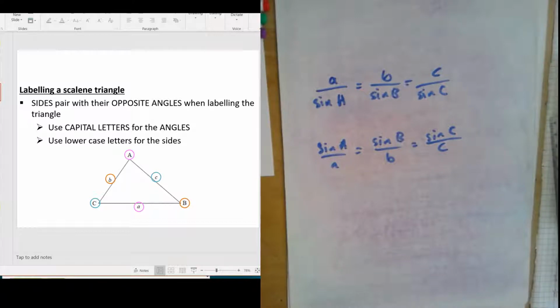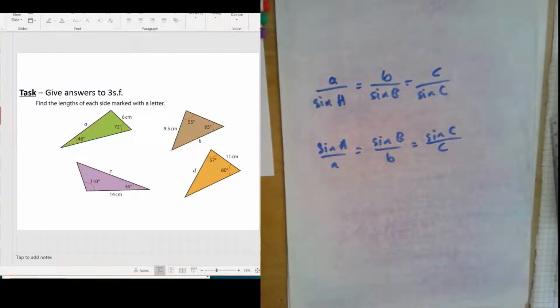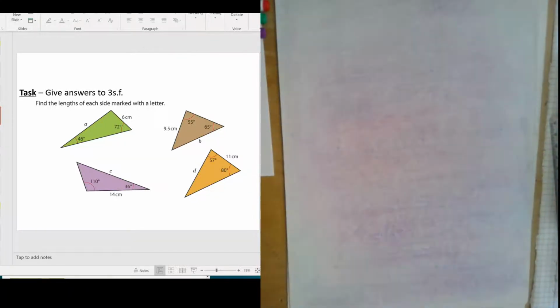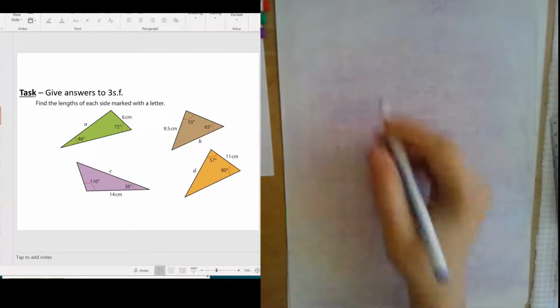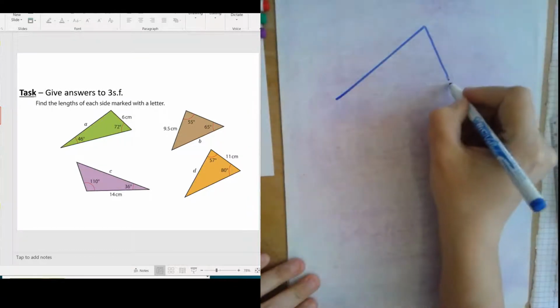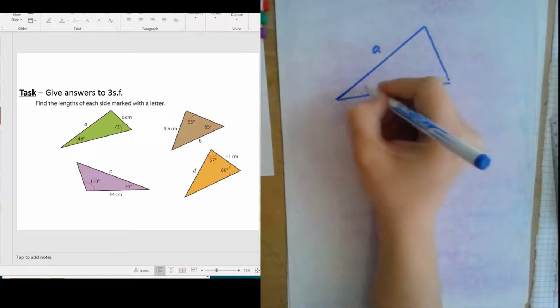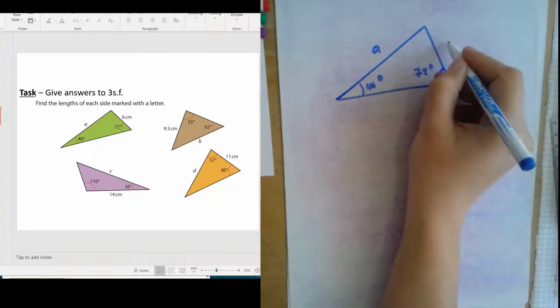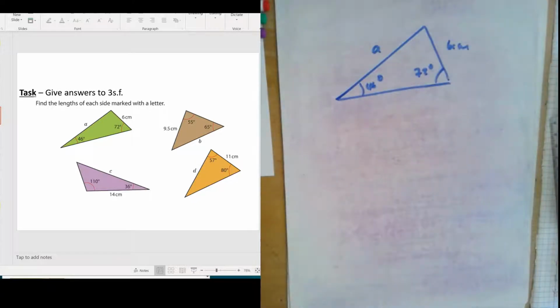So let's get started. So I'm just going to do a couple of sides and then a couple of angles. So in terms of sides, let's just do a first of all. So I have a, I have 46 degrees, I have 72 degrees, and I have 6 centimeters. So I'm going to label it up.